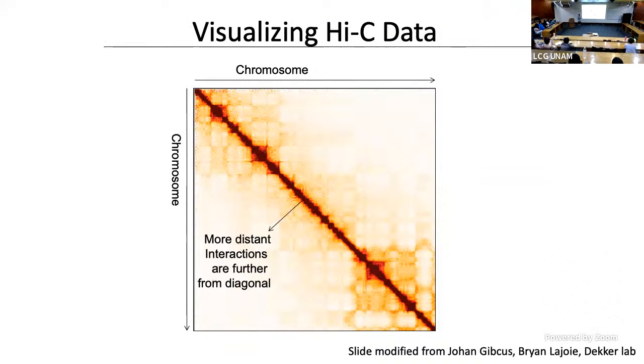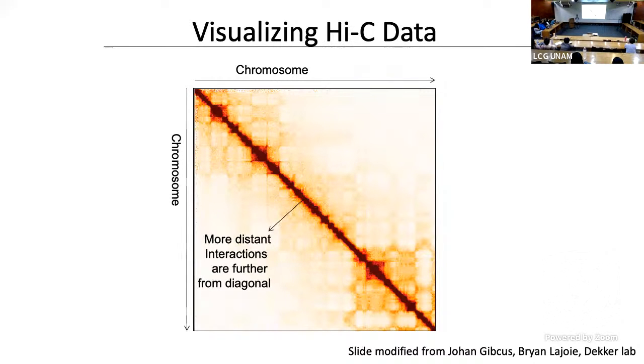Essentially, Hi-C is a method to measure the three-dimensional organization of chromosomes. What you do is you take a population of cells, fix them with formaldehyde to covalently link everything to everything else, freeze it. Then you cut with a restriction enzyme and religate. Some people call this proximity ligation.